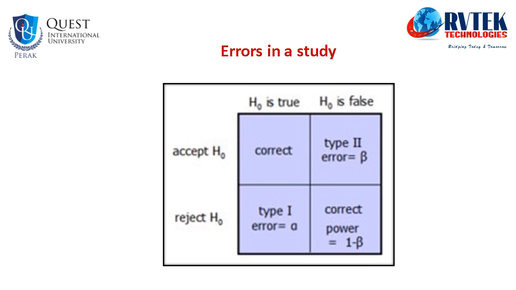Errors in a study. If you are doing a study, there are different possibilities. First possibility is that the null hypothesis is really true in the population, and in your study also you are accepting the null hypothesis.